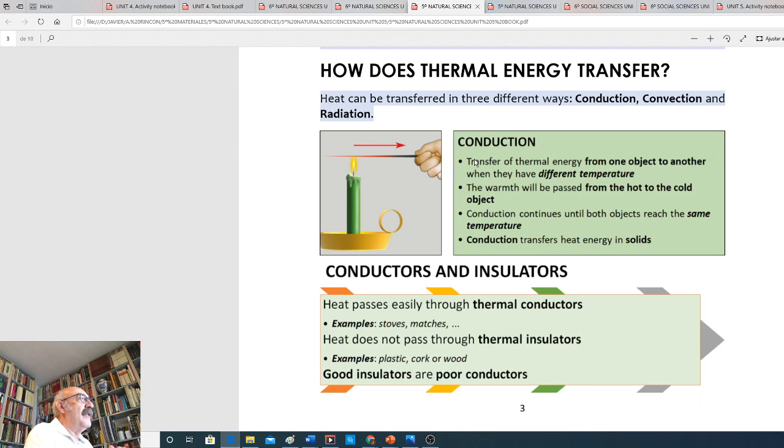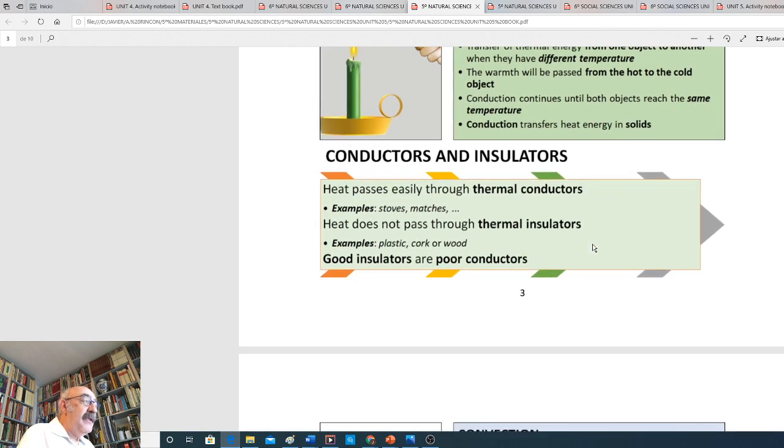Conduction is the transfer of thermal energy from one object to another when they have different temperatures. The warmth will be passed from the hot to the cold object, and conduction continues until both objects reach the same temperature. Conduction transfers heat energy in solids in contact. There are different materials.